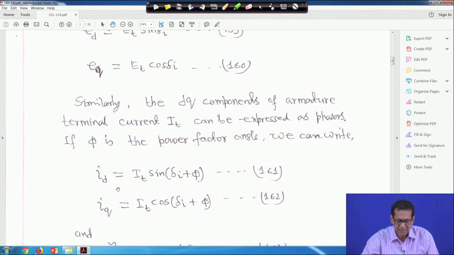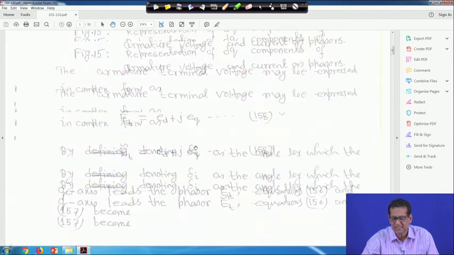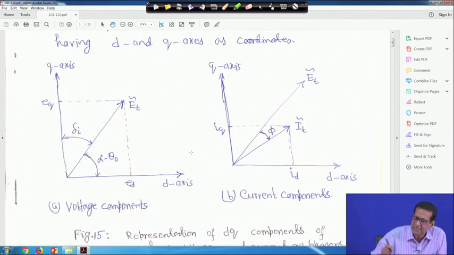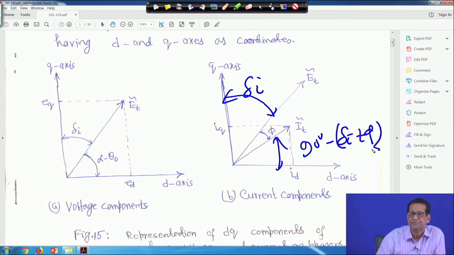Similarly, for ID, the DQ component of the armature terminal current IT can be expressed as a phasor. If phi is the power factor angle, we can write ID in terms of IT. This angle, not marked here, is between the Q axis and ET, and it is delta I, and therefore this angle is 90 degrees minus (delta I plus phi).